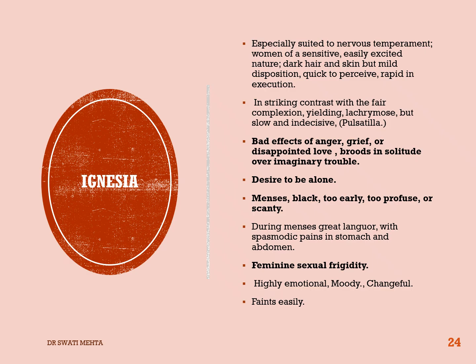There are mood changes, sighing, emotional instability and fainting tendencies are common. So wherever we find all these bad effects of anger, grief, disappointed love, desire for solitude, and with that the patient develops sexual frigidity, then ignatia is the medicine. And again all the causes are from a psychological background.